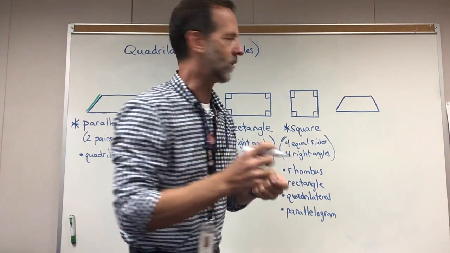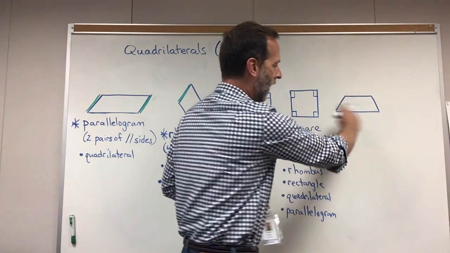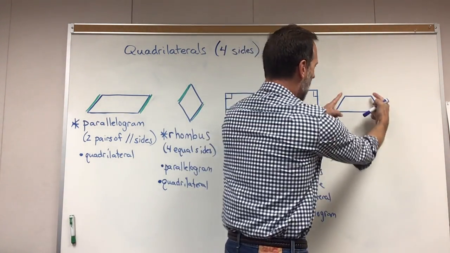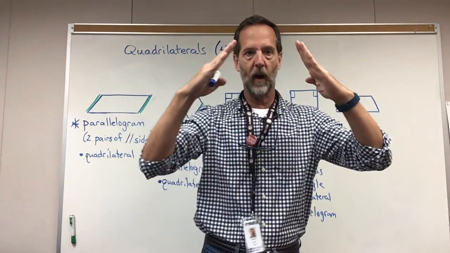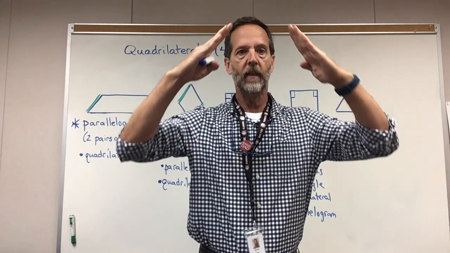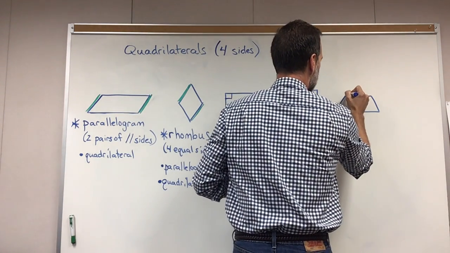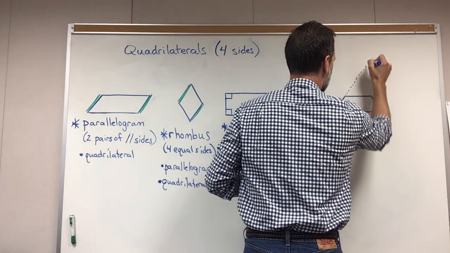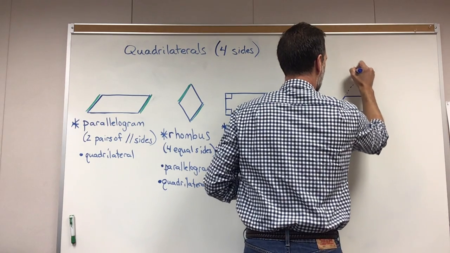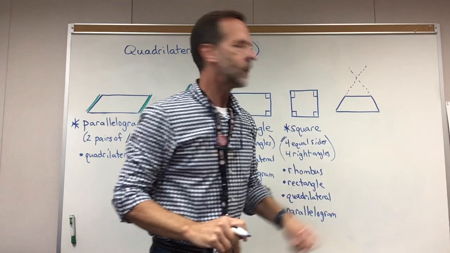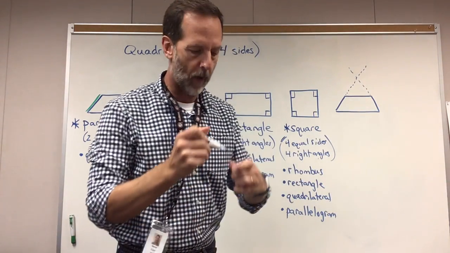Well, part of them. The top is parallel to the bottom, but the 2 sides are not parallel. They go in this way, and if they kept going, they would end up meeting up here. If I drew a dotted line to where they're going, they'd intersect. They would cross up here. They'd meet. Okay? So those 2 sides on the outside are not parallel.